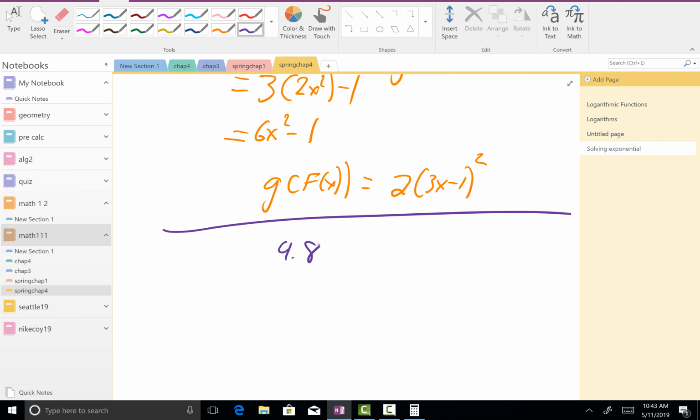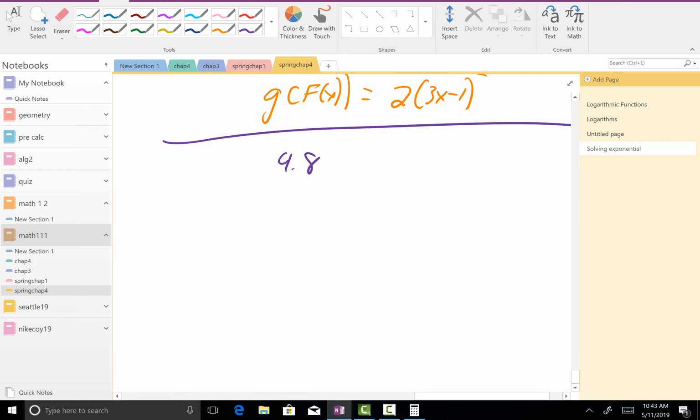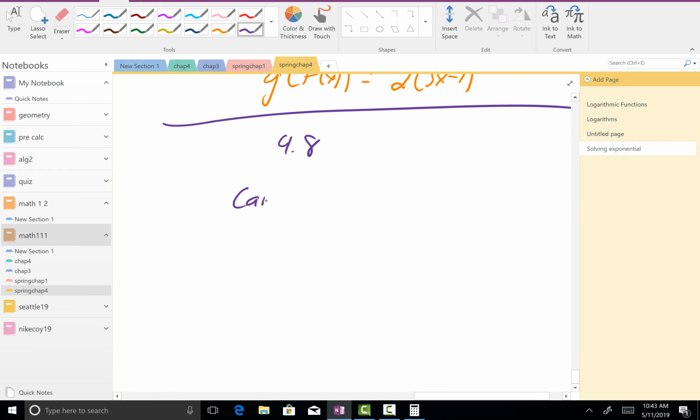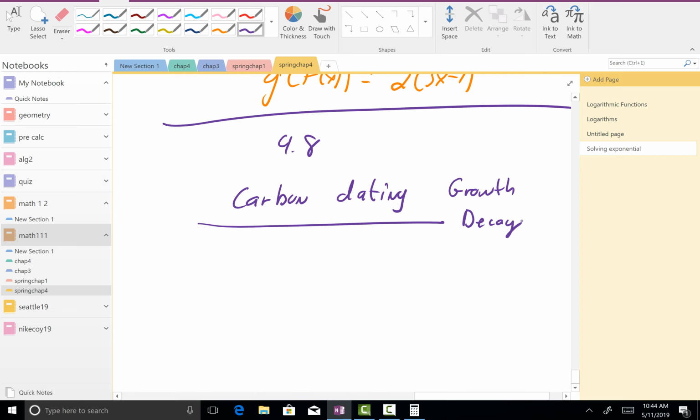They do some carbon dating problems, which really isn't a whole lot different than any type of growth or decay that's exponential. In this case, it's decay.